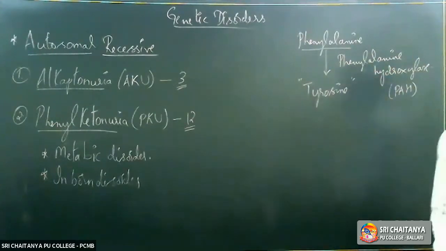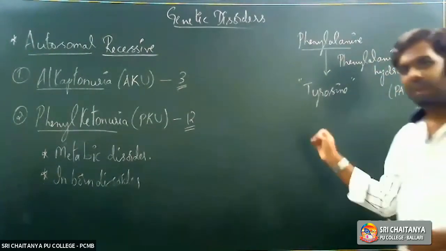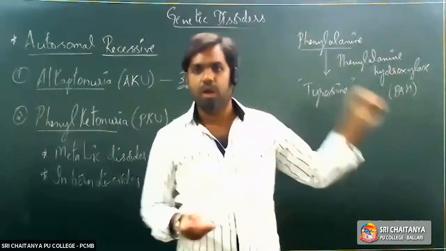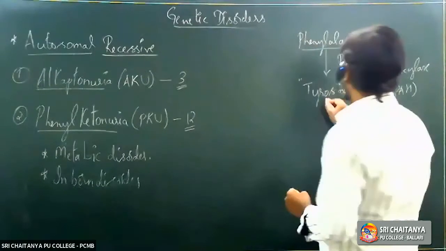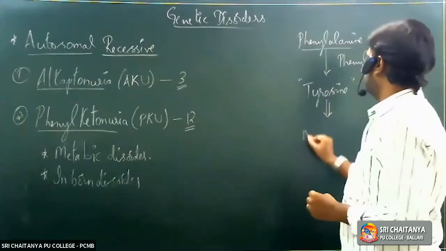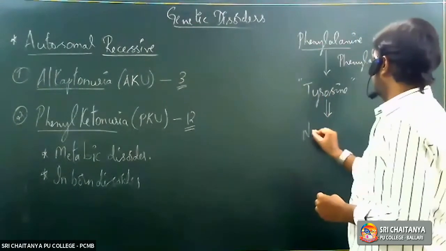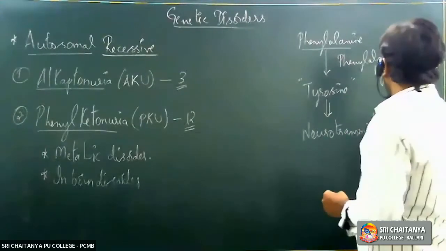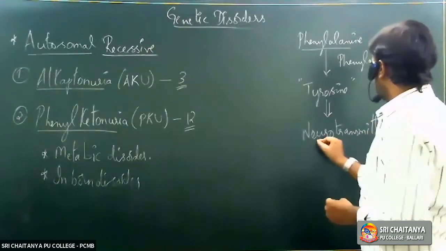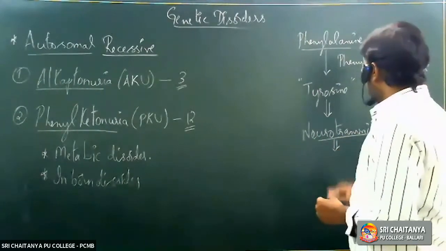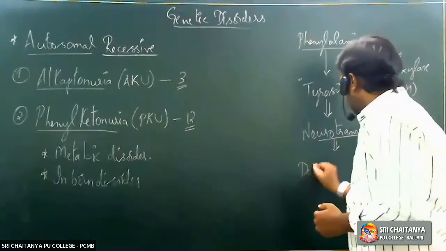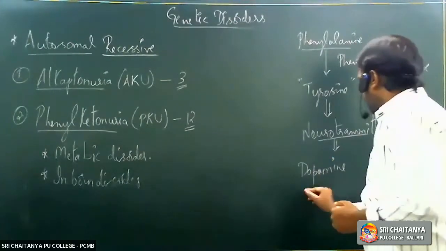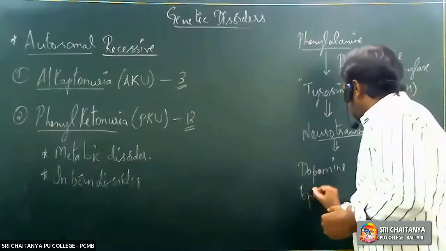Now what is the role of this tyrosine? The tyrosine amino acid acts as a major precursor for the synthesis of neurotransmitters. We have a list here: dopamine, which is one of the neurotransmitters. Then we have epinephrine, which is also a neurotransmitter.